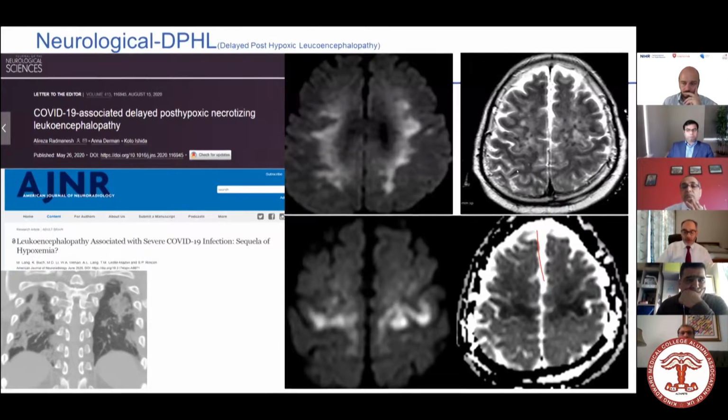Again, this is sparing the deep gray matter but involving deep white matter. So this is another form of encephalopathy. So far, we have seen different kinds of encephalopathy, and their presentation could be similar, but they have different imaging features.